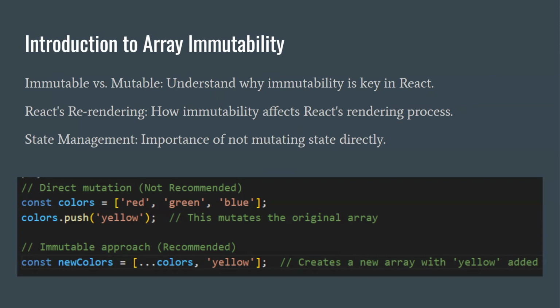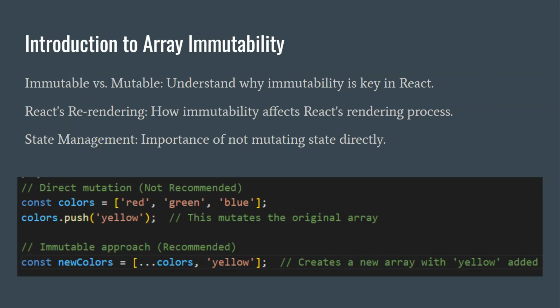We are first going to talk about why immutability is important in React. There is a lecture on immutability itself, but just to give a brief overview, immutability in the context of programming refers to the state that cannot be changed once it's created.